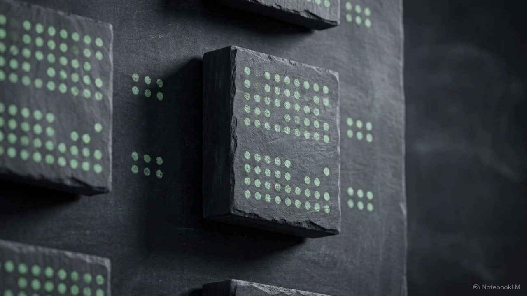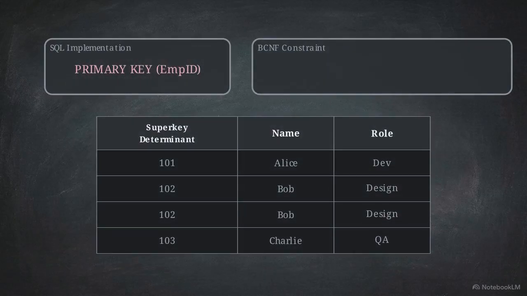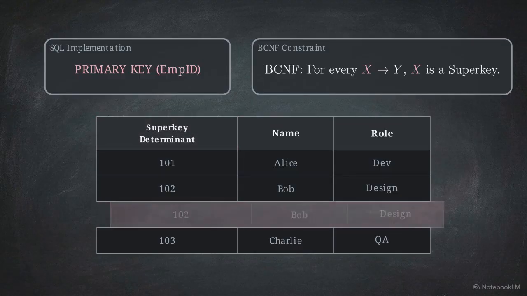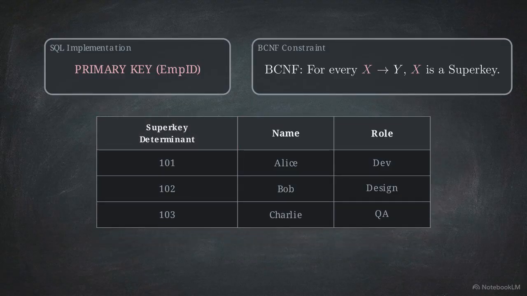This theory directly dictates how advanced data systems ensure data integrity. This graphic shows the constraint for Boyce-Codd normal form, or BCNF. It states that for every non-trivial functional dependency from X to Y, X must be a superkey. BCNF eliminates data redundancy by ensuring that every determinant in the relation acts as a valid superkey.